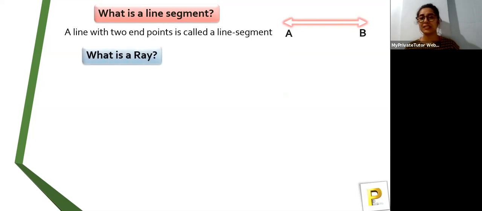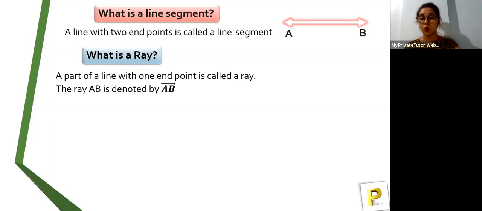Next, what is a ray? A part of a line with one endpoint is called a ray. In this we have one end as an endpoint, and the other can be extended.